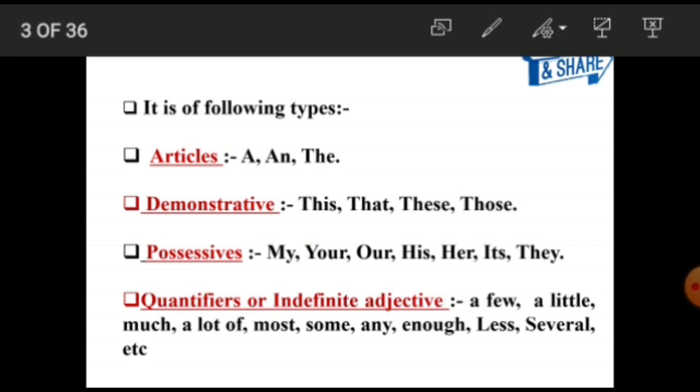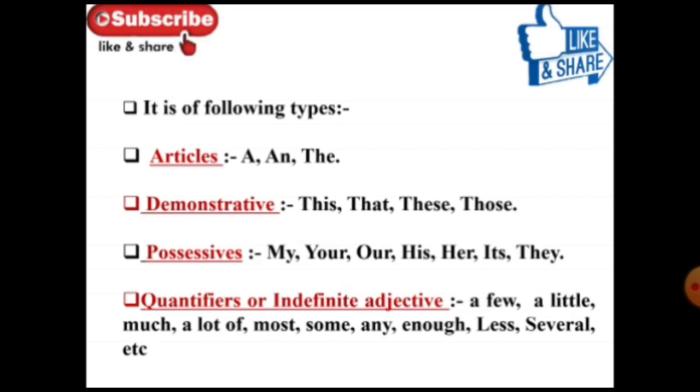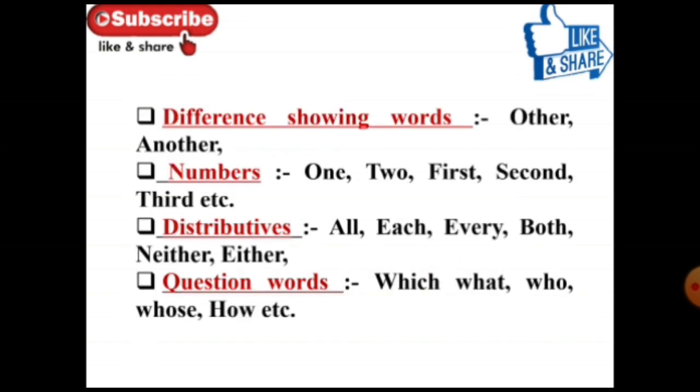It is very simple to say that articles are three: a, an, and the. But it is very important to know how to use them in the English language. In this very episode, we are going to start articles.